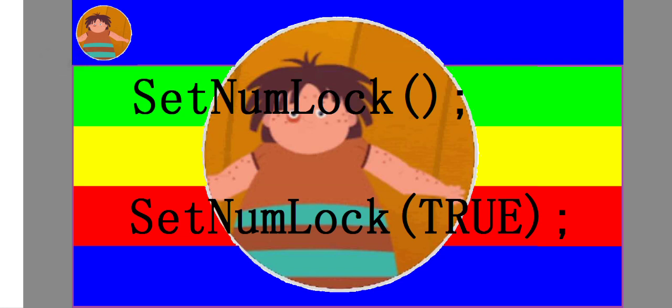SetNumLock without a parameter, that means we call this function SetNumLock false, because the function uses the default parameter. SetNumLock true turns on the NumLock.